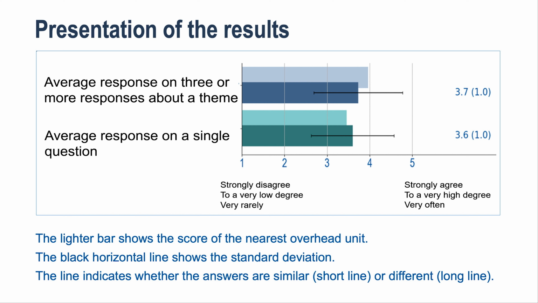The results from the survey are presented in such bar charts. The end point of the bar is the average of what everyone at the unit has answered. The answer options are from 1 to 5, and they are defined with 3 different extremes in the questionnaire: from strongly disagree to strongly agree, from to a very small extent to a very large extent, or very rarely to very often.